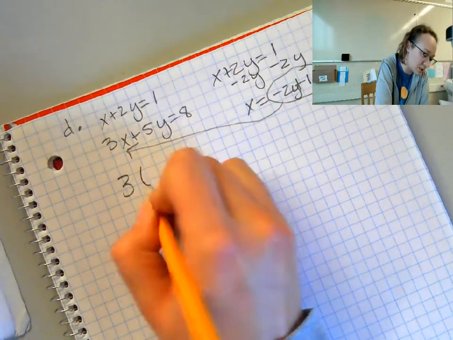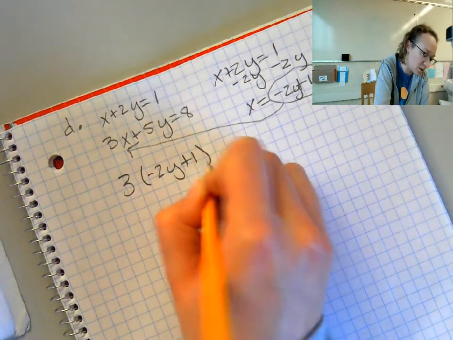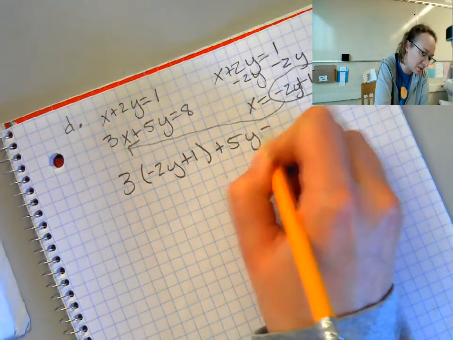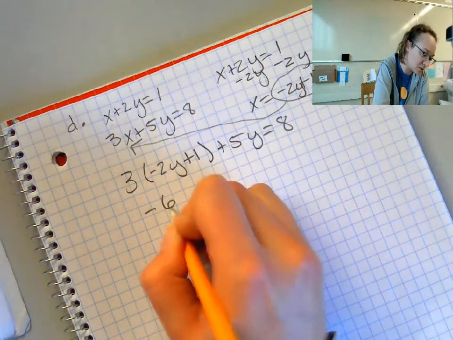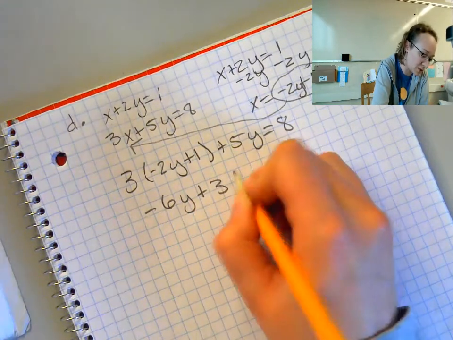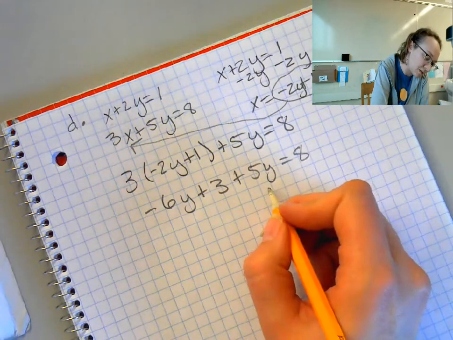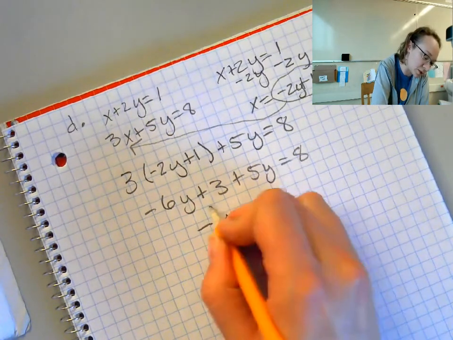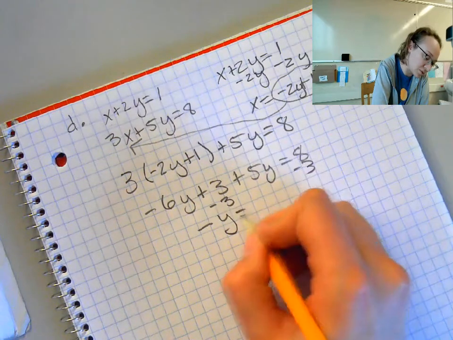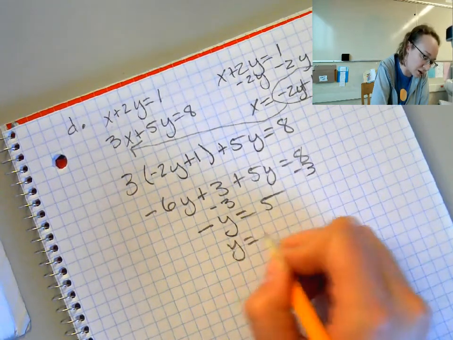So 3 times negative 2y plus 1 plus 5y equals 8. So negative 6y plus 3 plus 5y equals 8. That gives me negative y. I'll subtract 3 from both sides, equals 5. So y equals negative 5.